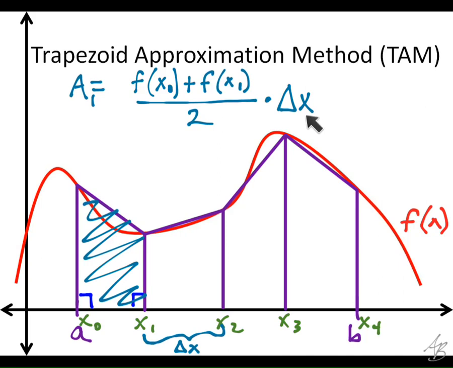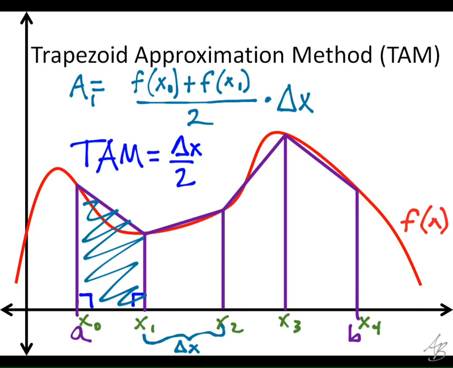The delta x and the divided by 2. So when we're using the trapezoid approximation method, assuming that the subintervals have equal width, we can factor out that delta x divided by 2. That's going to be in each term.